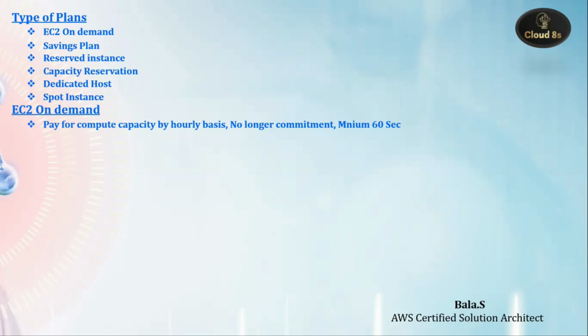They charge the bill for a minimum of 60 seconds, that means 1 minute. More than that, AWS will charge the amount, and they will not give any kind of discount. We can choose on-demand if we are not going to use it for any longer commitment, or for a higher value, long-time usage.